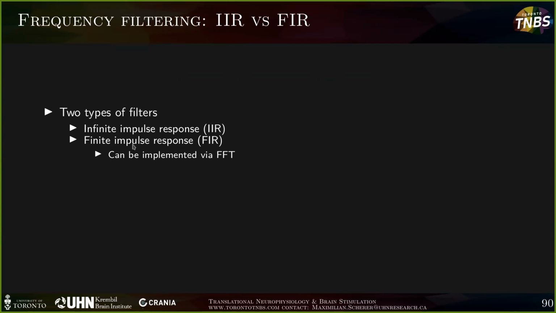So the simple answer is, if you do stuff on a PC, go with an FIR filter. FIR filters most times use way more data than IIR filters, but they provide a significantly stronger suppression of artifacts.